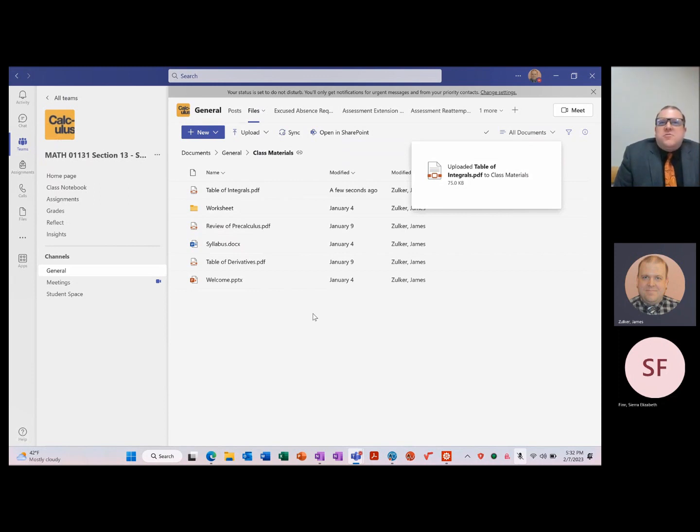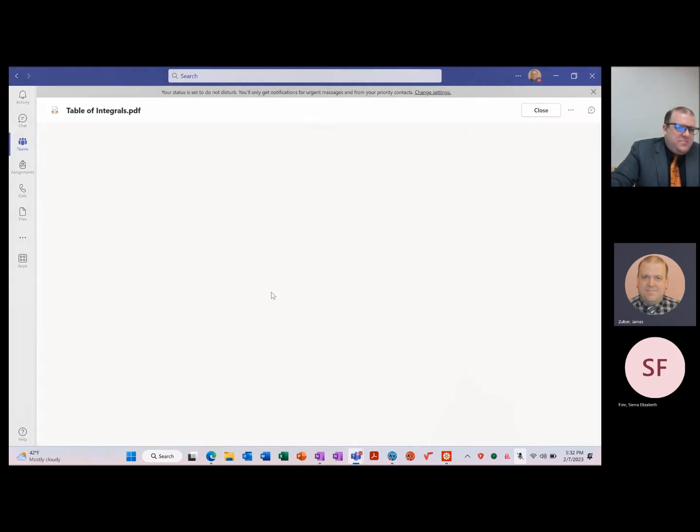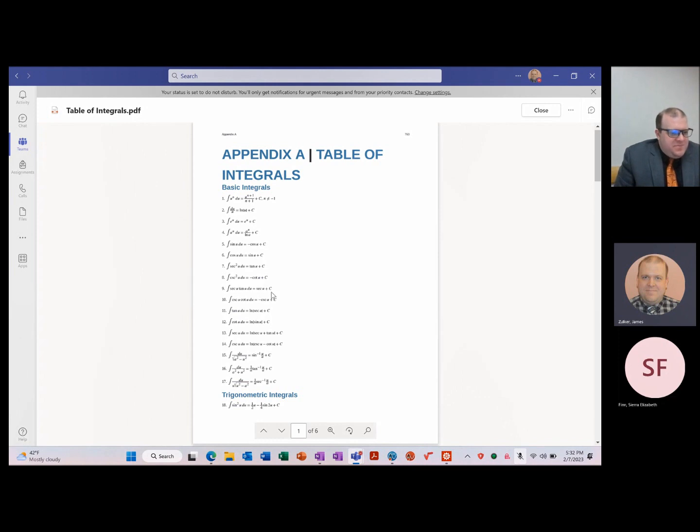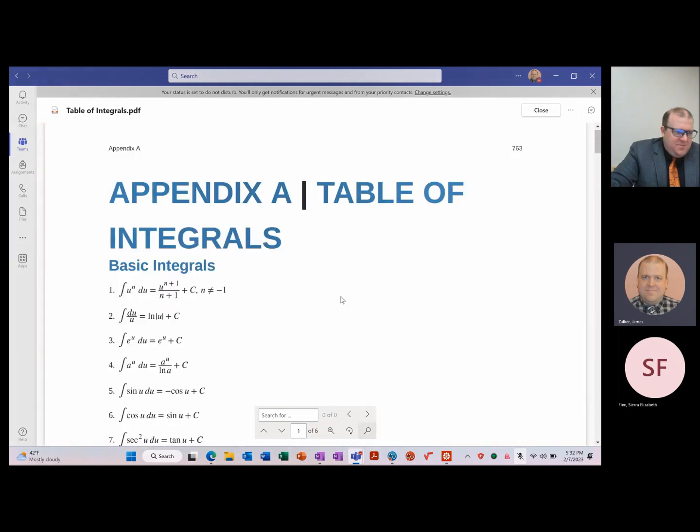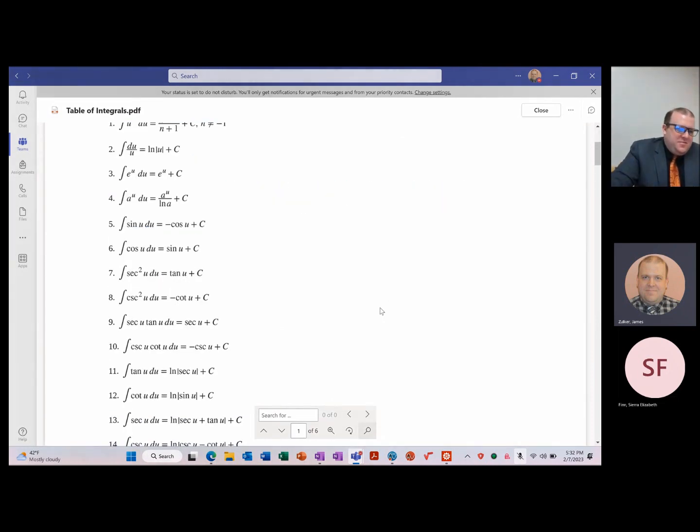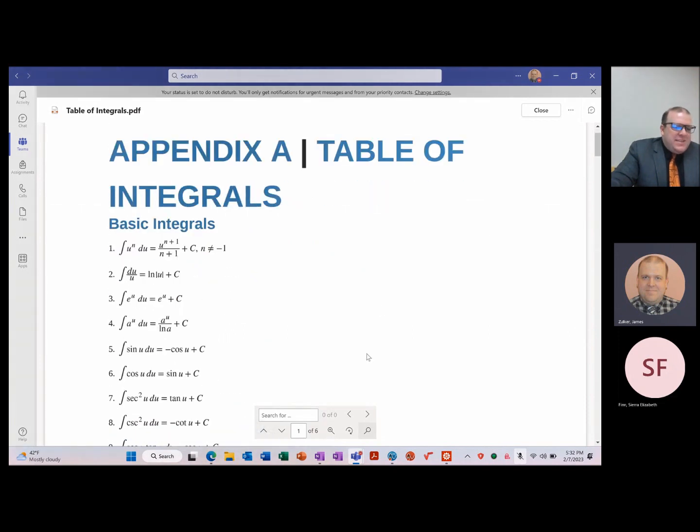I've now uploaded the integral table. Of course, you have to zoom in, right? Because there we go, window width. So you have some basic integrals.